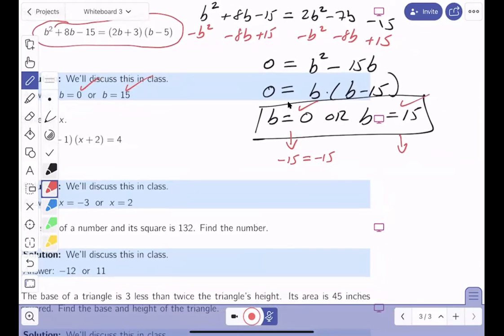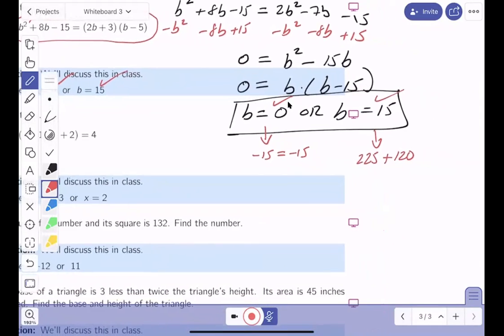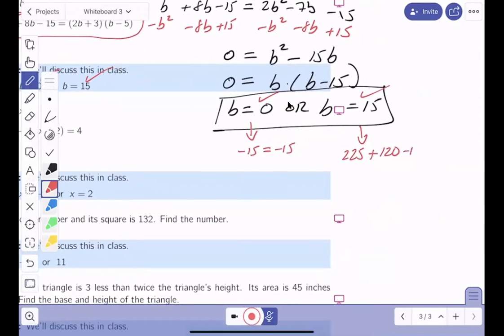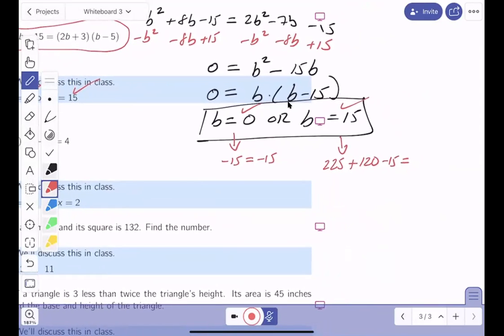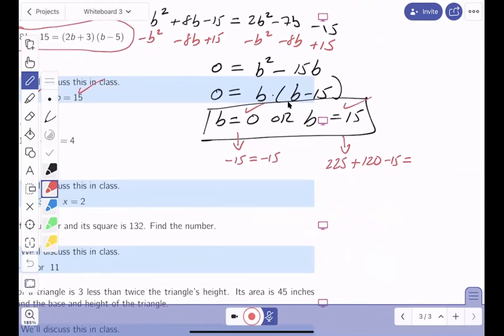What's 15 squared? 225. Plus 8 times 15. What's 8 times 15? That's 80 and 40. It's 120. Minus 15. I'll write that down for you. Again, I'm checking 15. What do you get over there? 2 times 15 is 30, so you get 33.